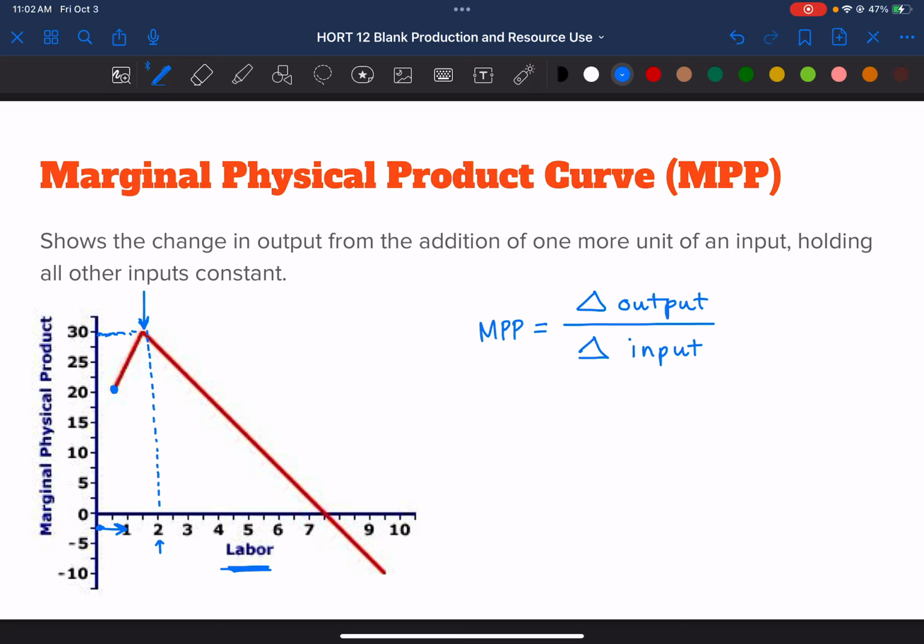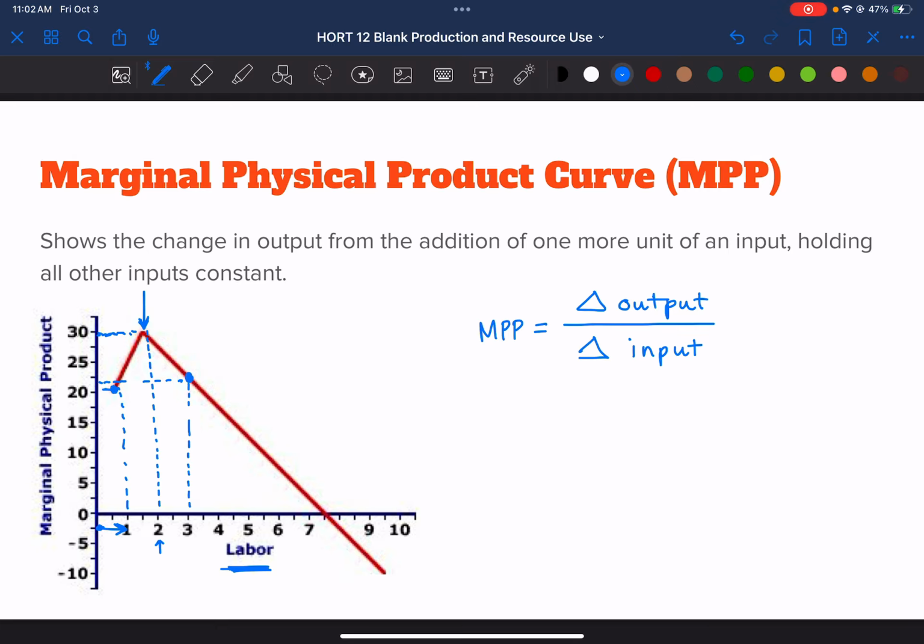So when we have 2 hours of labor or 2 laborers, whichever this graph is showing, we have actually a total of 50 here because we have the 20 units that the first laborer produced and the 30 units that the second laborer produced. So what's important to remember about this is that every one increase in labor, what you get on the y-axis isn't a total amount, it's the additional amount for that one more unit of labor. I hope that makes sense because this can be a little bit confusing.